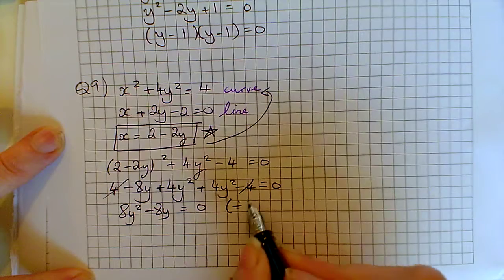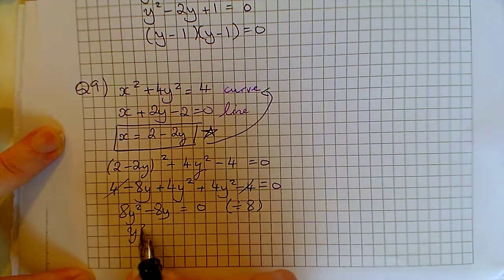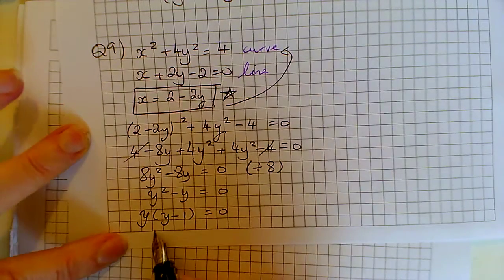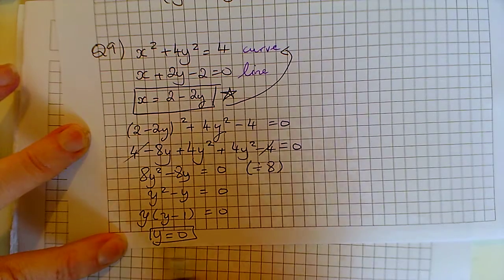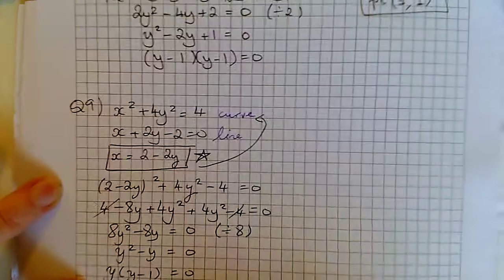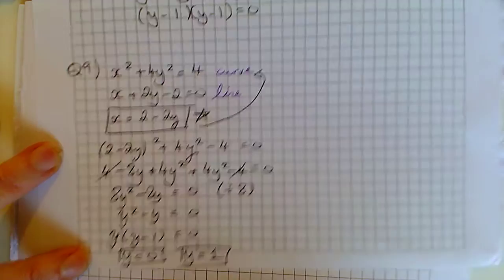So I can divide across by 8, so I will. y squared minus y is equal to 0. There I can take out a common factor. And remember, y equal to 0 is a valid solution. y equal to 1. So those are my two solutions there.